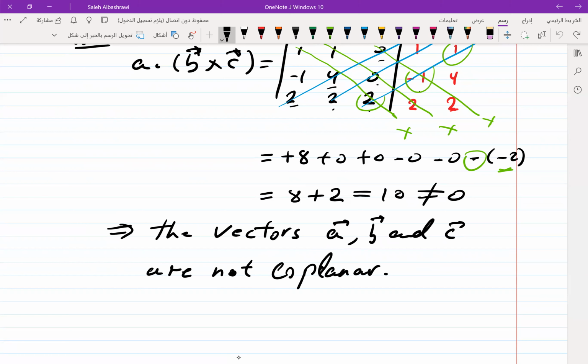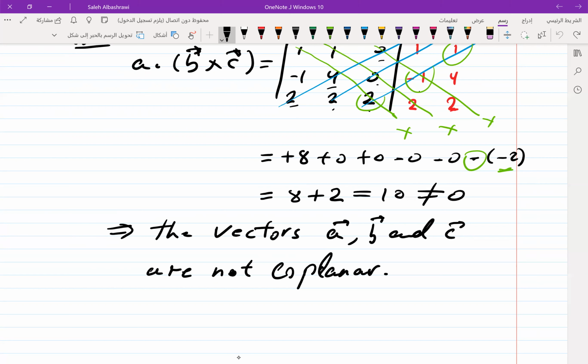This is the idea for checking whether vectors are coplanar or not, by finding the triple product or scalar triple product.